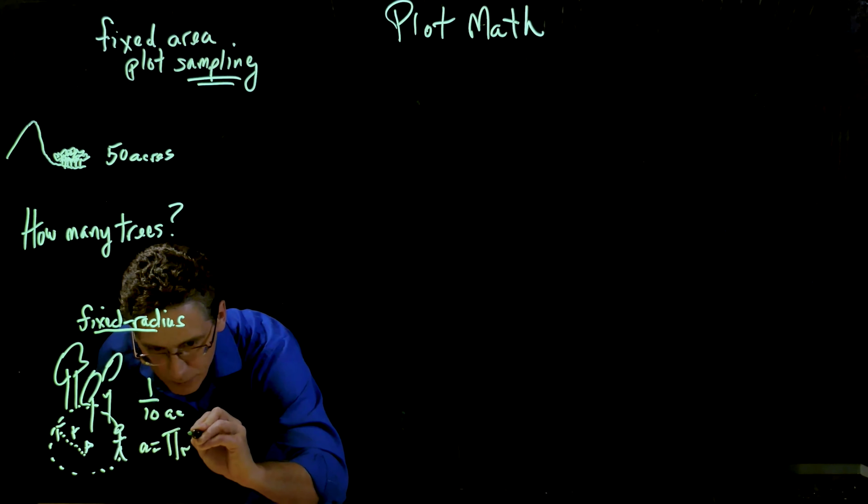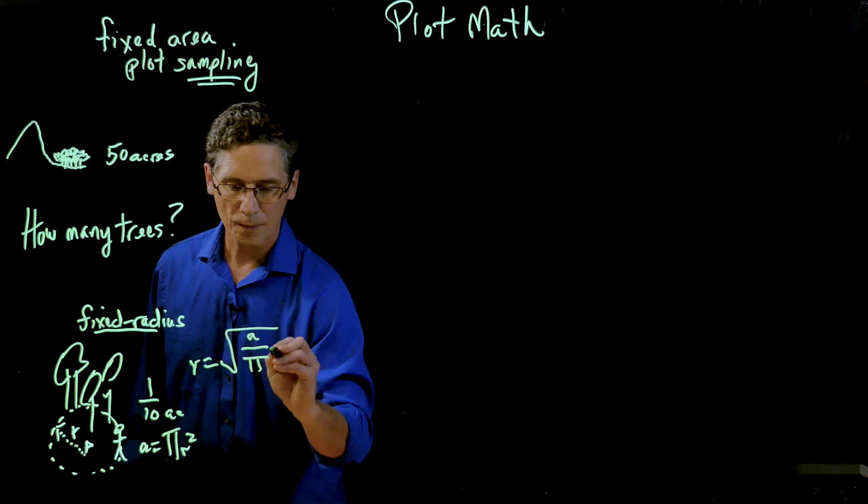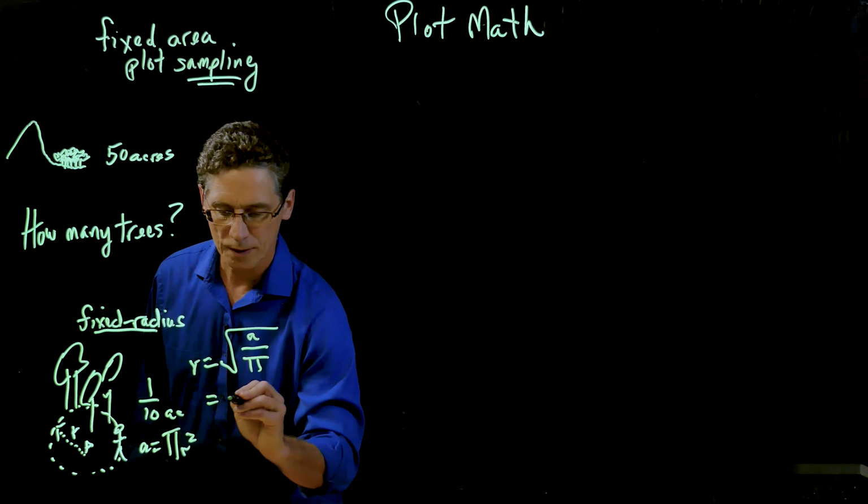So what would the radius of a circle with that area be? The radius is equal to the square root of the area over pi, which I'll just make simple and tell you that that's a 37.2 foot radius to make a 1/10 acre circle.